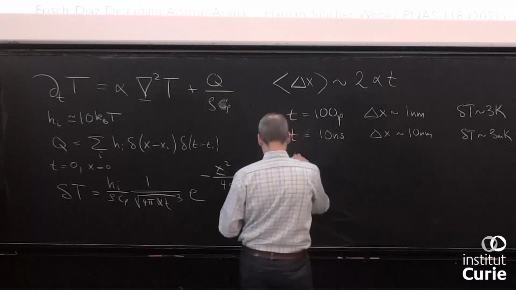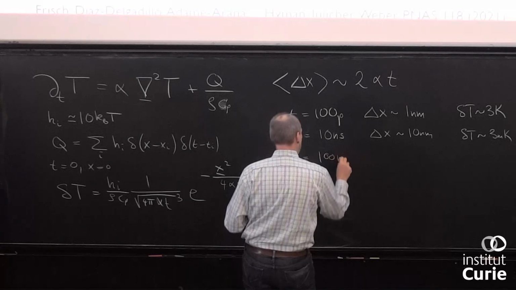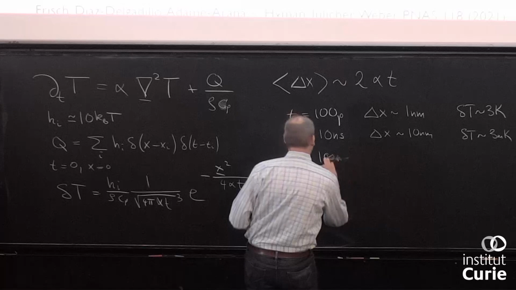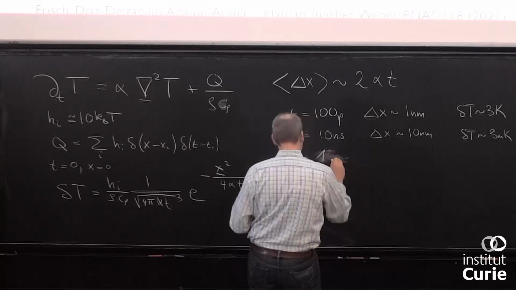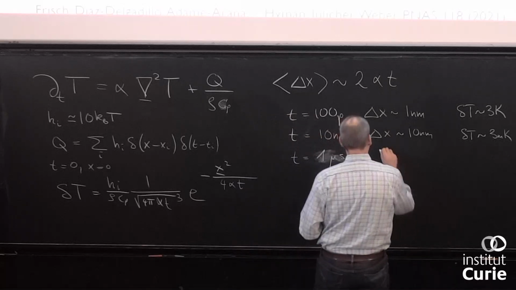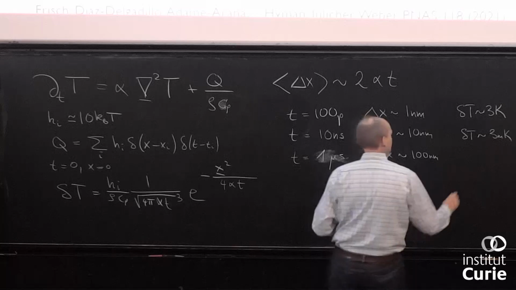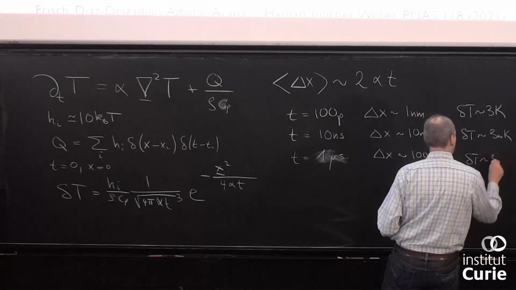And if we go to 1 microsecond, we have spread over 100 nanometers, and this goes down to only 3 microkelvin.